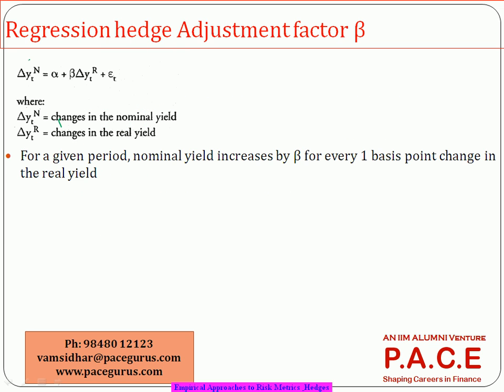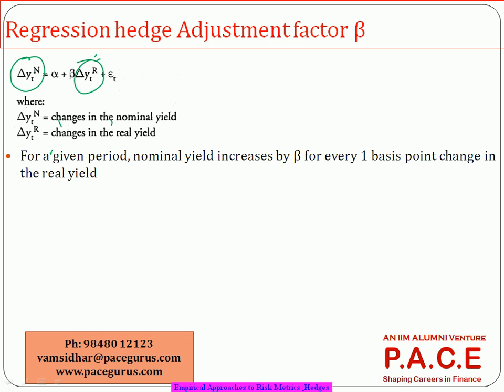The change in the nominal rate of return versus the change in the real rate of return. We are talking of changes from last month to this month. What was the change in the nominal? What was the change in the real? It's a pure simple regression model.